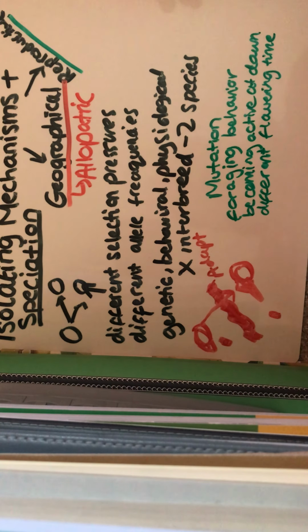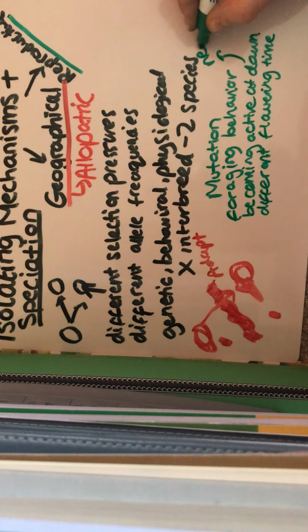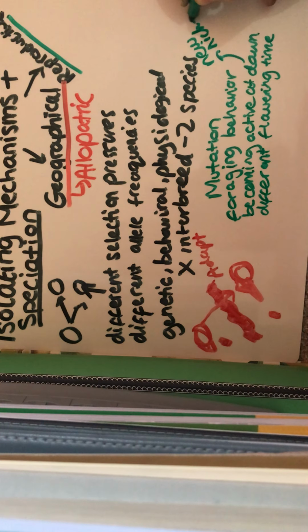What we're saying here is that they might have a new niche in that environment. So they might not be active at the times of the day that they need to find a mate. The mates might be out at a different time, so they can't find a mate.